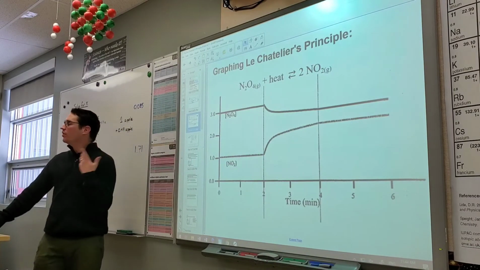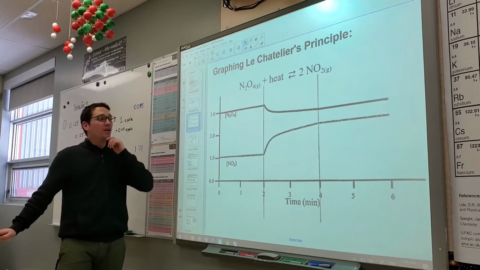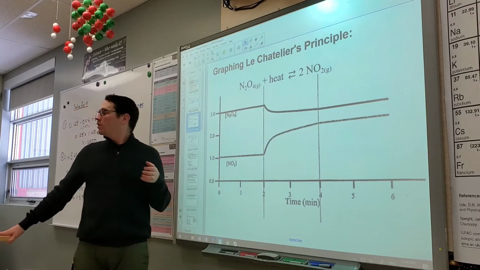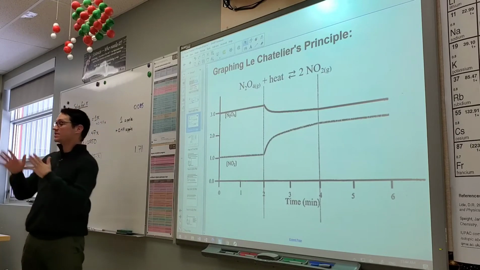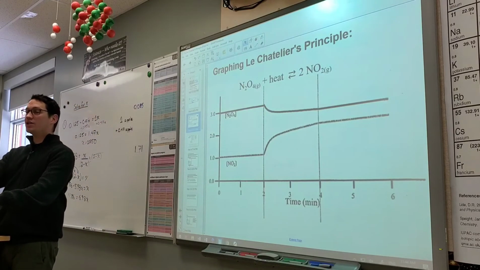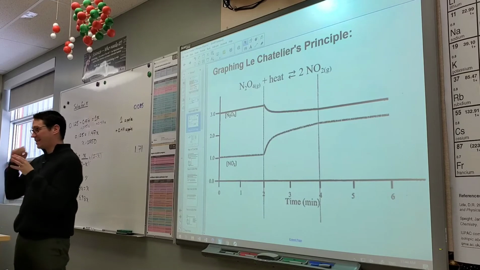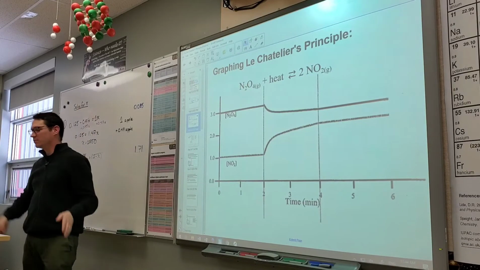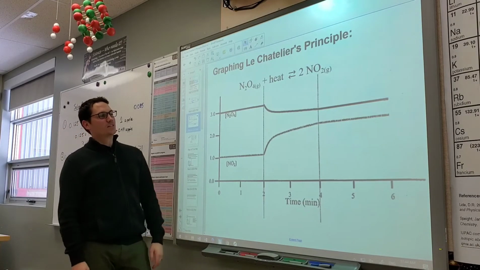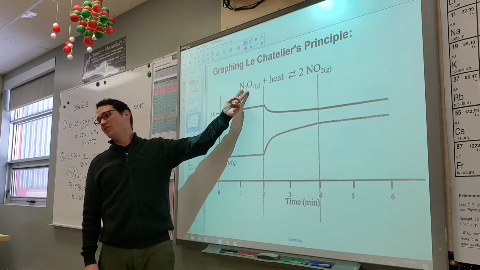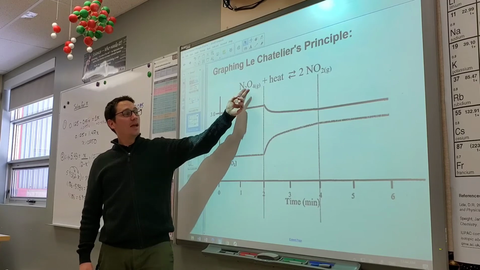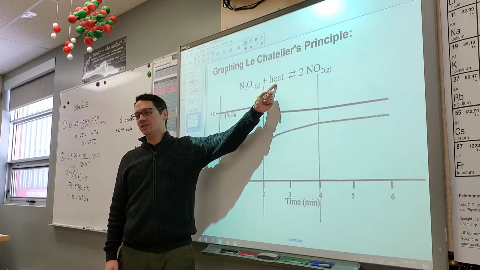So in general, for Le Chatelier's principle, we're worried about graphs, because graphs give us a lot of information in a very short amount of time. One graph is worth 10,000 words, that kind of thing. So what's happening here? We've got some dinitrogen tetroxide, and we're adding heat to it.